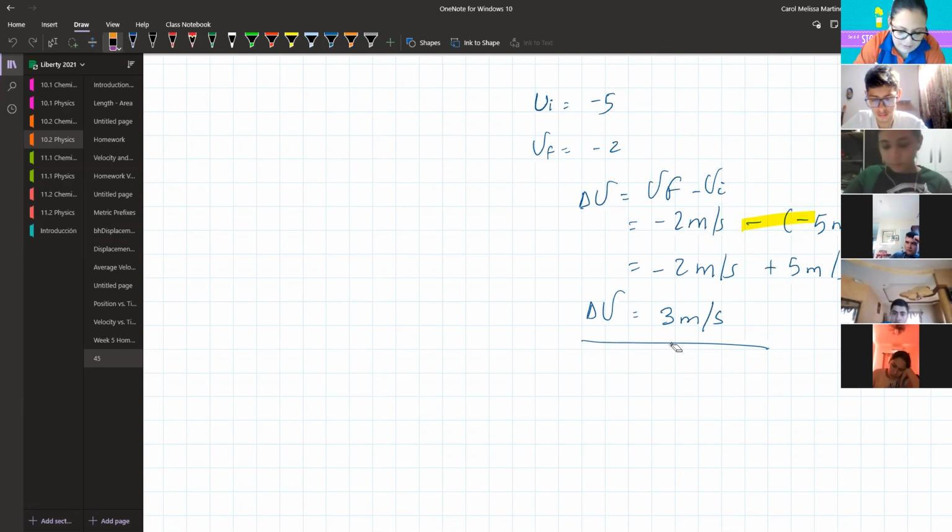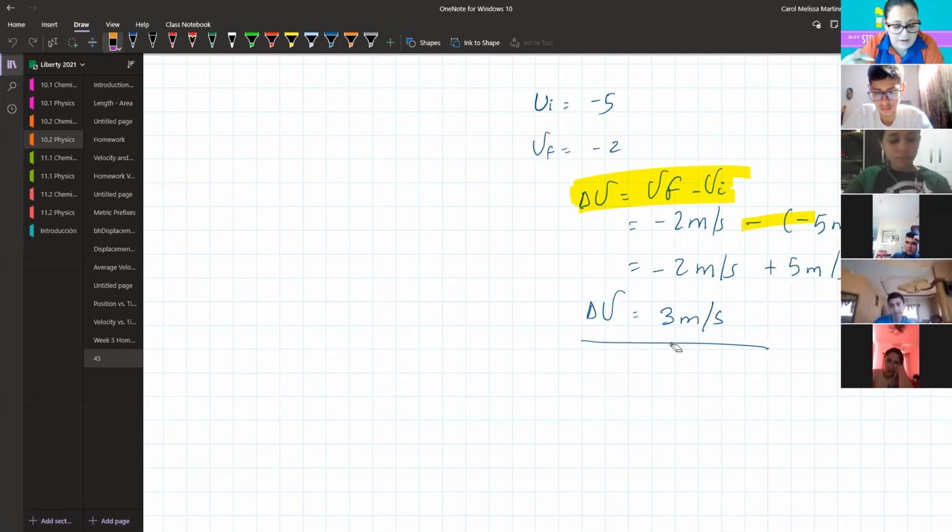So that's why I always tell you, respect the formula. The formula has a specific order, respect it, because from this you can get negative answers, and that can affect the total answer in the end. So try to respect that.